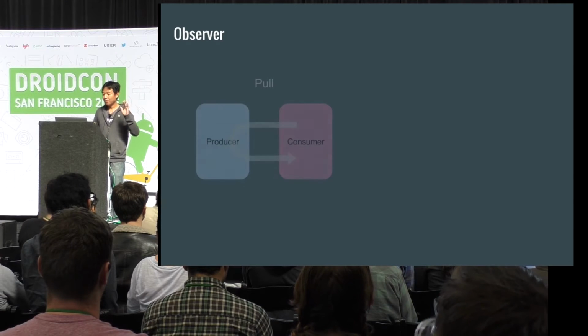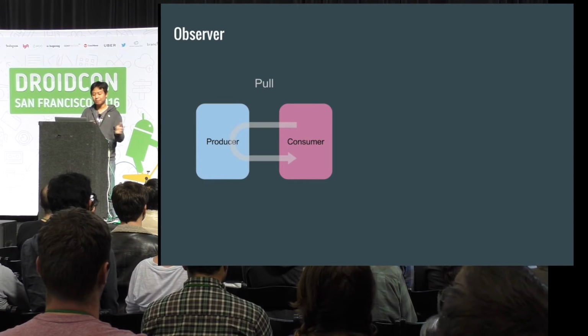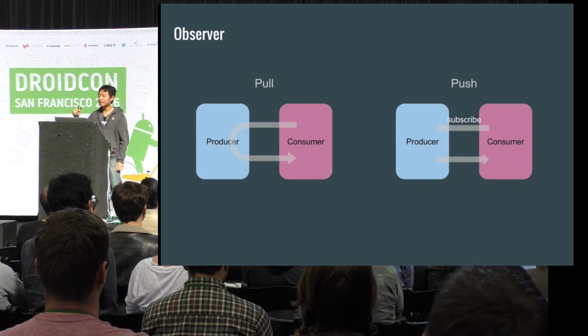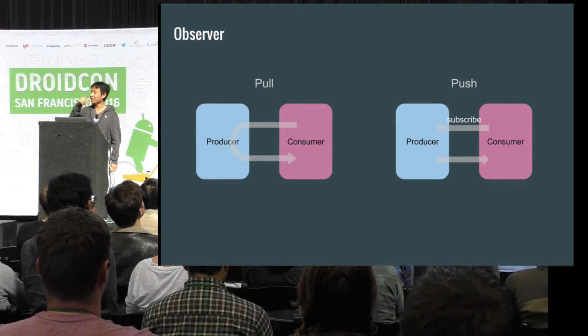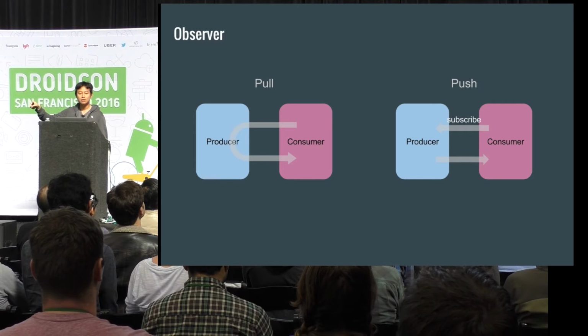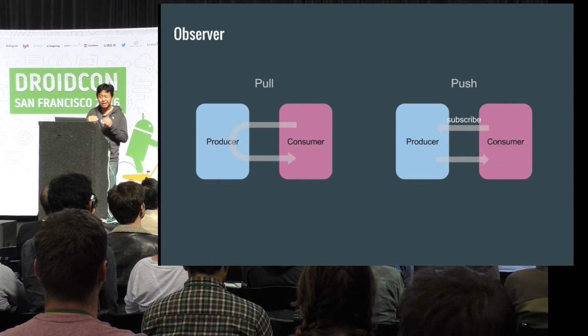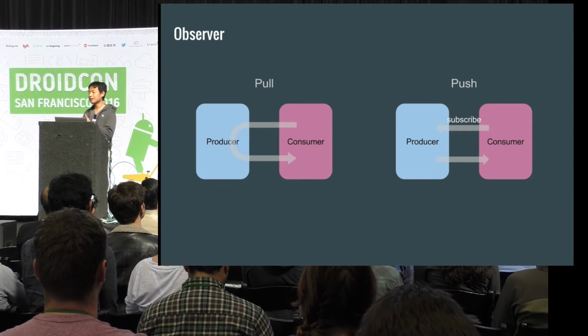Observer. So, anyone here who doesn't know about the observer pattern? Oh, okay, we got one. Let me explain. Here is how we coded before. We have a pull mechanism and we have a push mechanism. What the observer did is move you from pull to push. So what does pull mean? Pull is mostly synchronous, a synchronized method call.